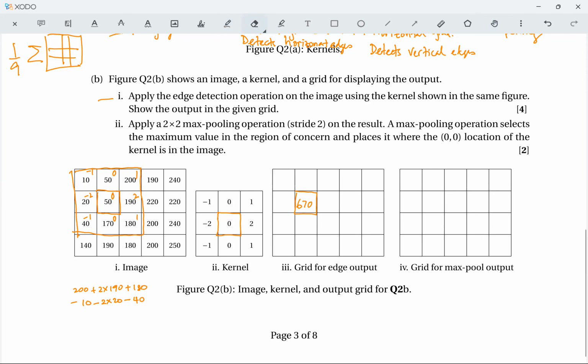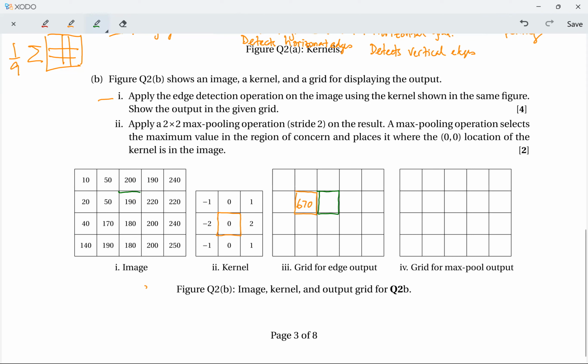Then the kernel has to be moved to the right. So we are looking for the value over here. So the kernel will be stationed over there.